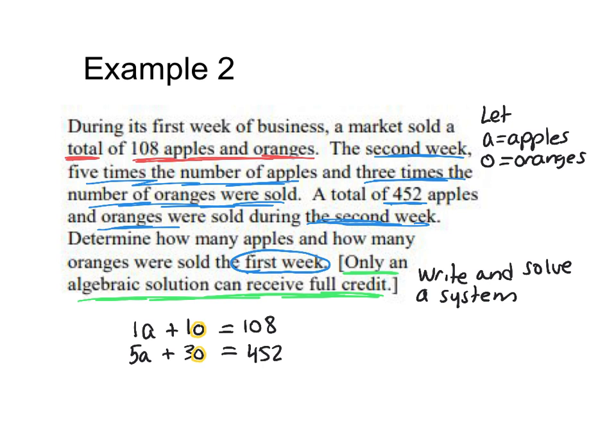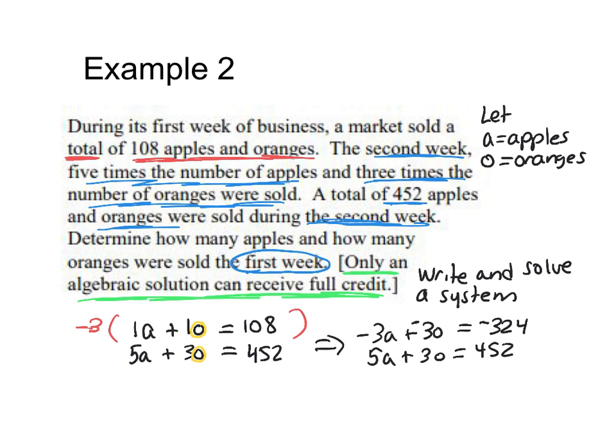So I'll go ahead and multiply this through by -3, and I'll cancel my O's. So in doing so, I'll end up with -3A plus -3O, and 5A plus 3O equals 108 times 3 is going to give me 324, so -324 and 452. Keep my little circle here.